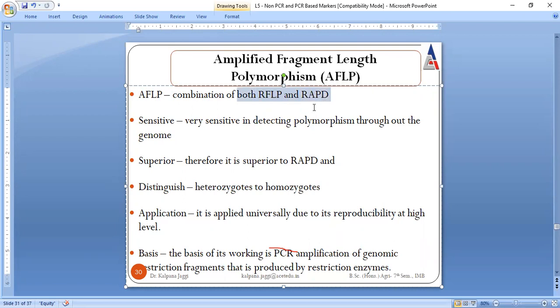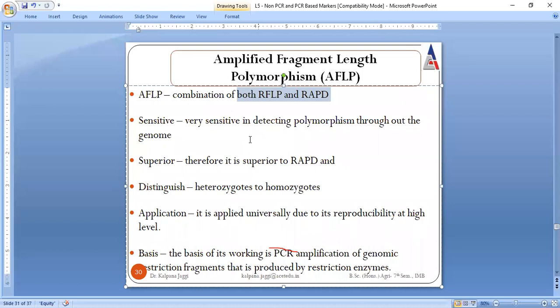And it is useful in detecting the variation throughout the genome. It is very sensitive, because here we are utilizing both non-PCR and PCR-based markers.